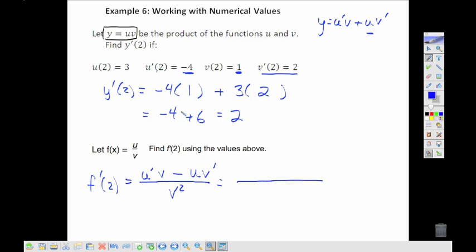So starting with u prime, we are negative 4. Our v would be 1. Our u then, u of 2 is 3, and v prime at 2 is 2. And this will be divided by v at 2, which would be 1 squared. And so this one will simplify to negative 4 minus 6, or negative 10.